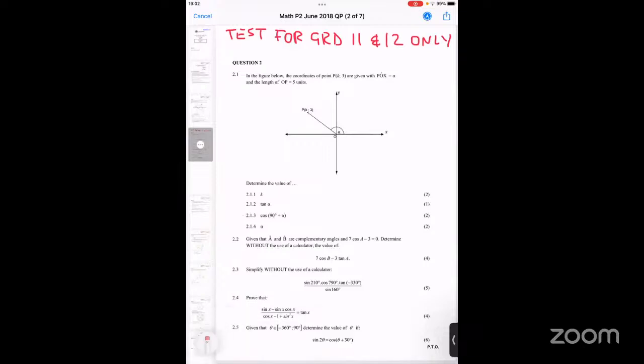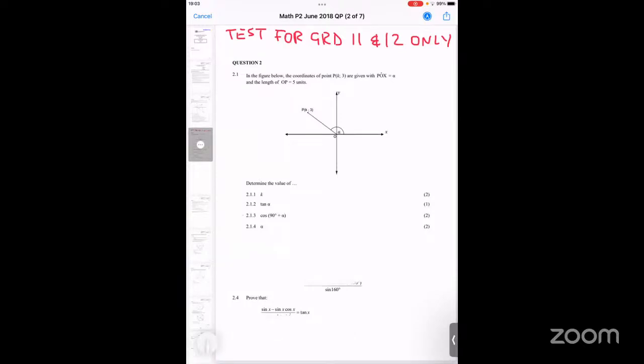So let's see. What I want to do now is just remove all of this, just to create some space for these questions.